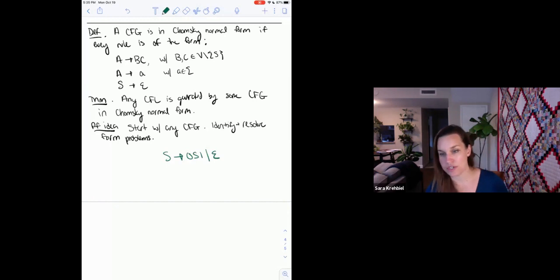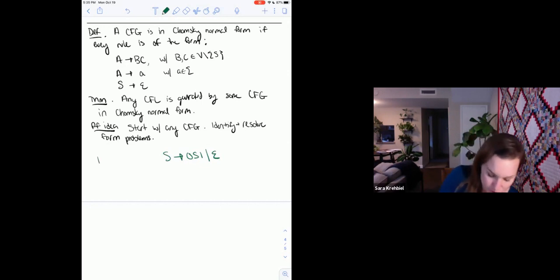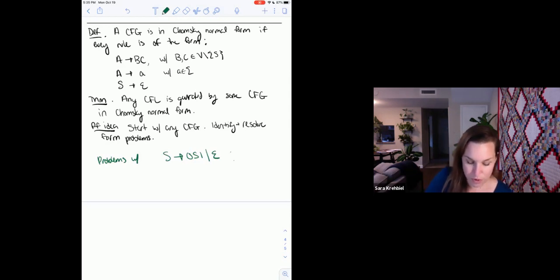As we start doing this systematically, our favorite grammar that generates zero matching with ones has a bunch of problems associated with it. One of the problems is that we have this S variable on the right-hand side. S is not, by Chomsky normal form, allowed to be on any right-hand side. So start recursion is one of the problems. Another problem is that we have a right-hand side that's too long.